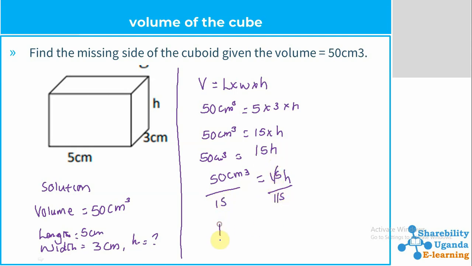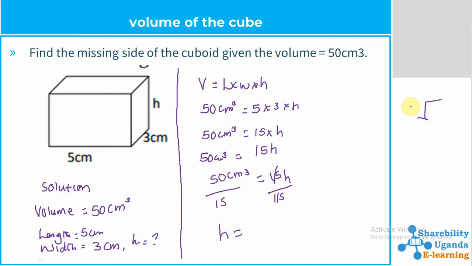We can cancel and say h is equal to 50 divided by 15. What do we get if we divide 50 by 15?